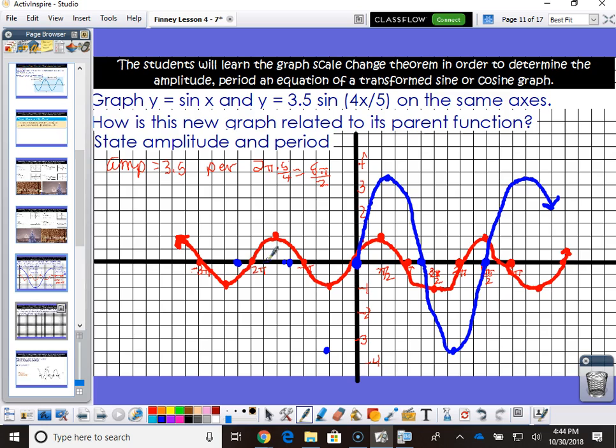And then halfway between those, I think we're up here at 3.5. Then we sketch. That's what you've got to be able to do.